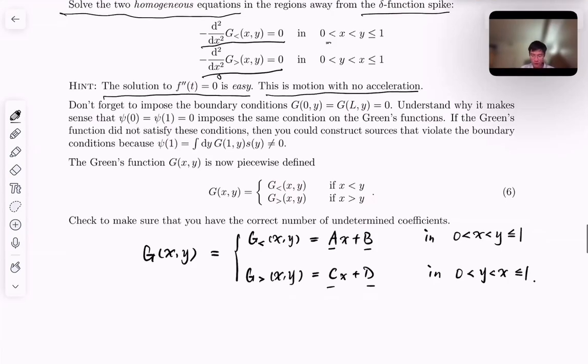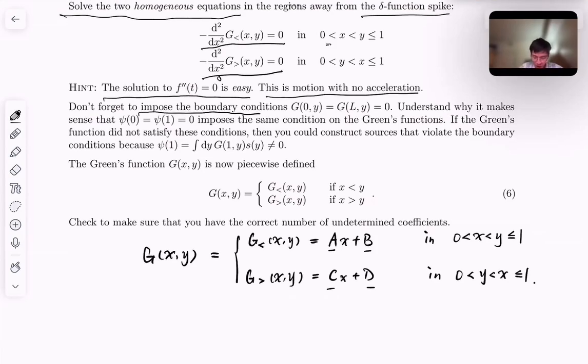How do we get these coefficients? We first impose the boundary condition.